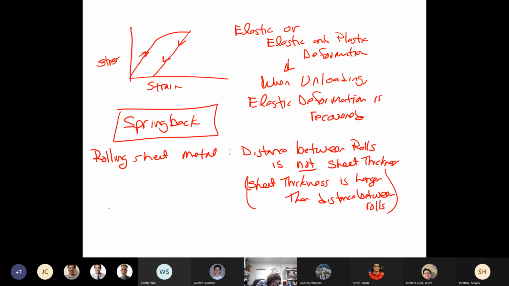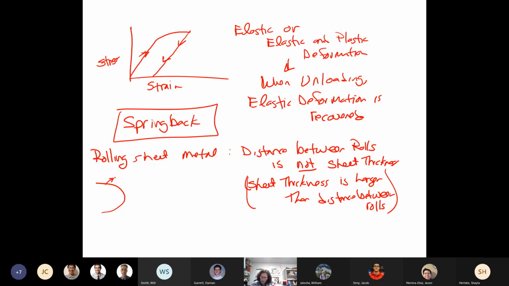And now in bending, if we bend like this, after unloading this is going to move a little bit. Your book talks about this. We don't really have the time here to go into a lot of detail on how to predict spring back and why in bending it's more of an issue. Part of that is because in bending we have both a neutral axis and compression and tension.